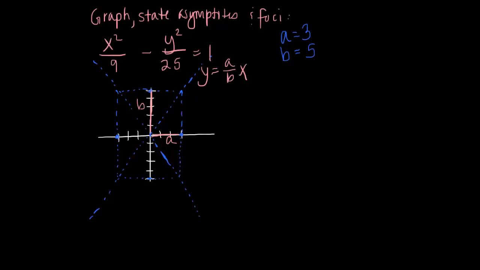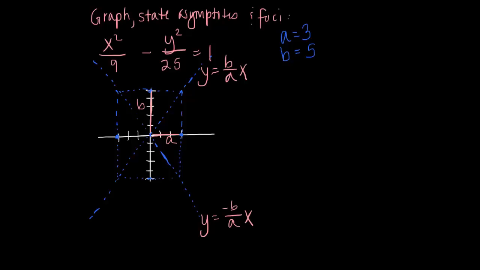Our slope is now rise over run. I'm sorry, b over a x. I did that wrong. Rise over run. And the slope for that second asymptote is negative b over a. So our equations are b over a x and negative b over a x for the asymptotes.